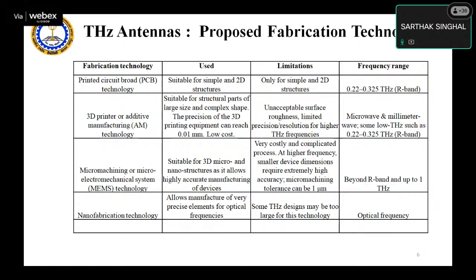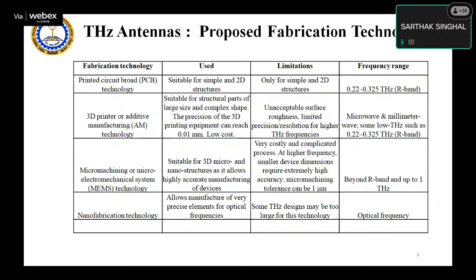This is suitable for 3D micro and nano structures because it allows highly accurate manufacturing of devices, but its cost is pretty high. Okay, and the micromachining tolerance has a minimum requirement of 1 micrometer.